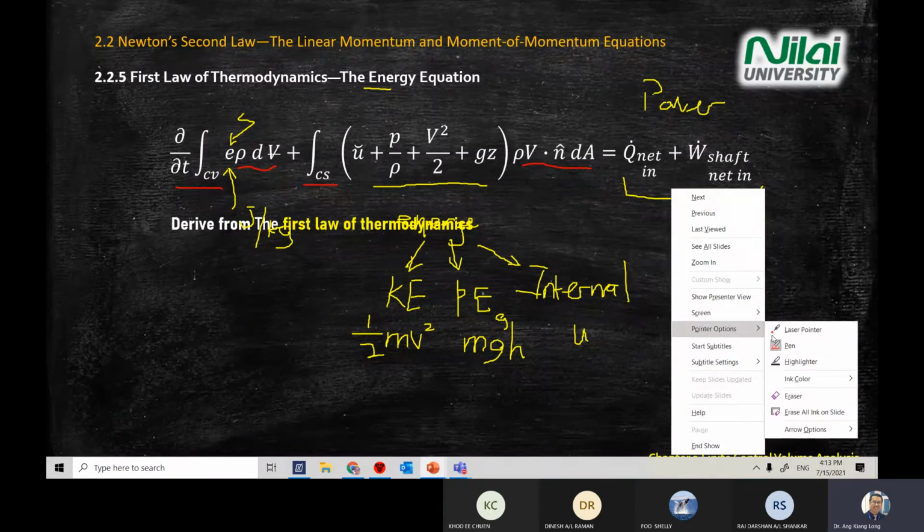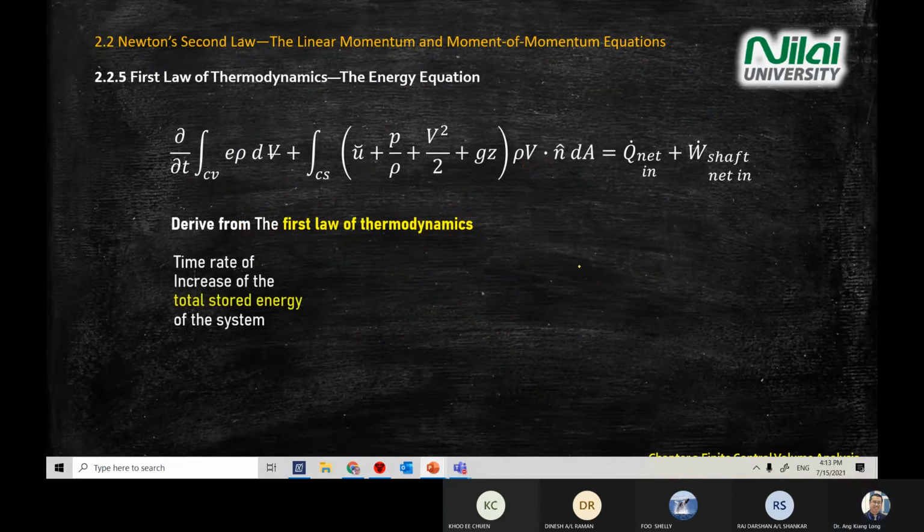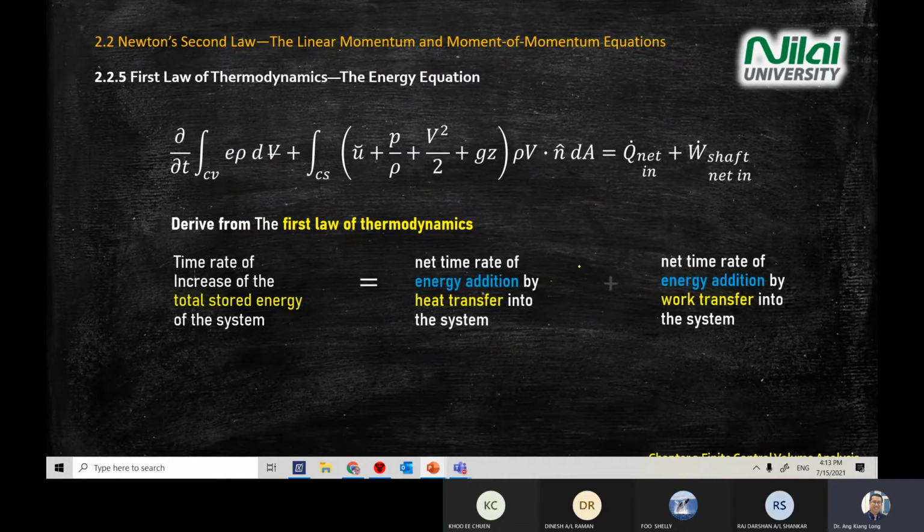So the next one, I'm going to go a bit fast for a few more slides. There is one concept: the total energy must always be a summation of heat transfer to the system and work done in the system.